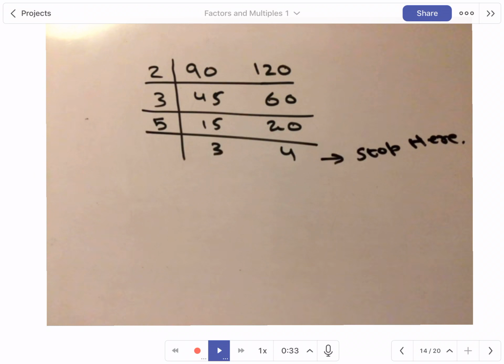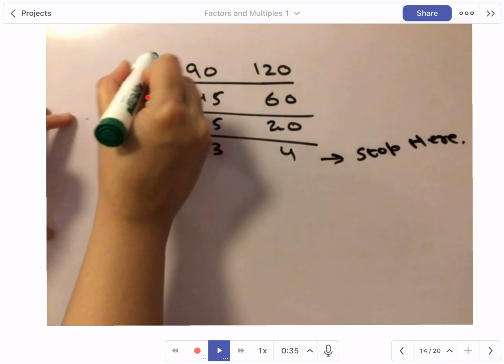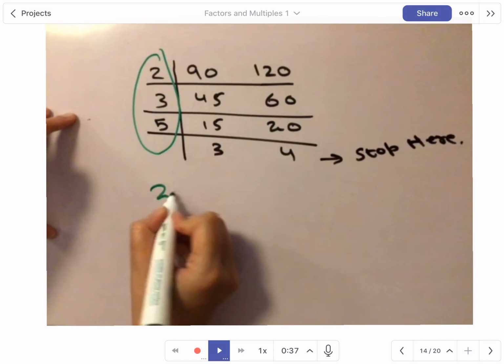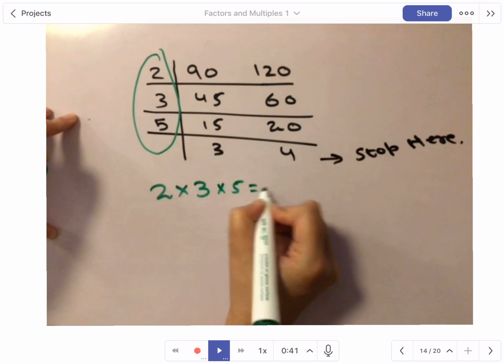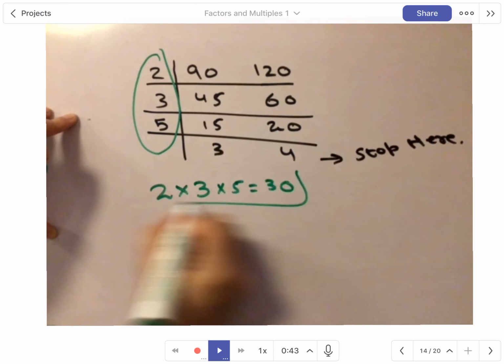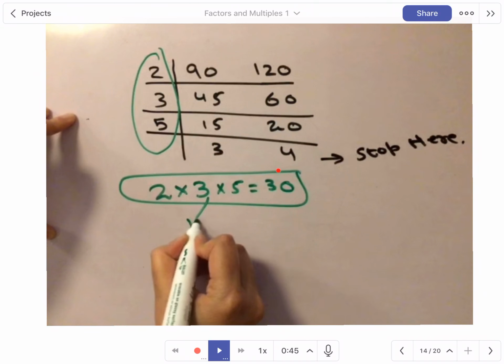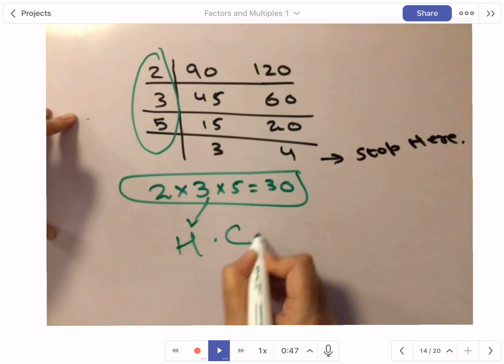The highest common factor is the product of these numbers, 2 times 3 times 5, which is 30.